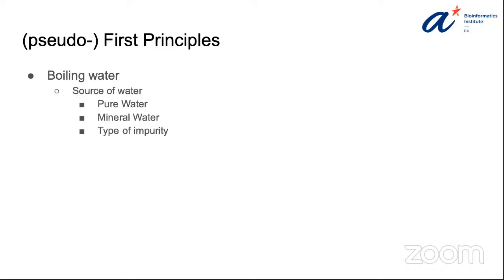And then you were introduced to a third parameter, the purity of water. Depending on the purity level, if the boiling point is slightly higher than 100, it will take you longer to reach that boiling point, right?